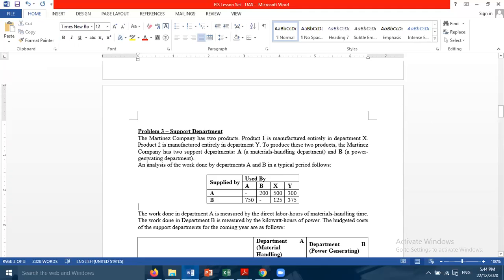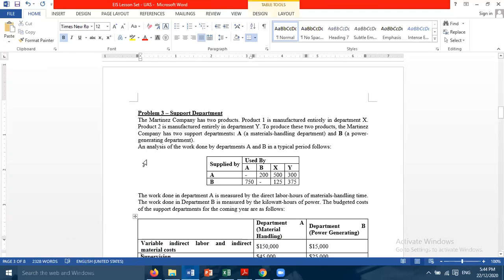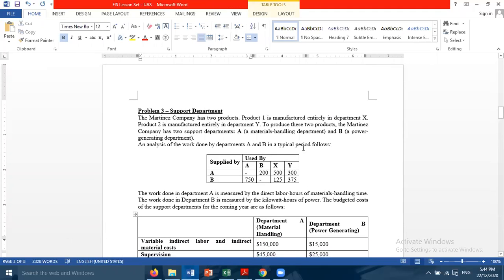Okay, and here we are given an analysis of the work done by departments A and B in a typical period, as follows. In this case, the work done used by department B from department A is 200, whereas department X uses 500 units of work done from department A, and so on.